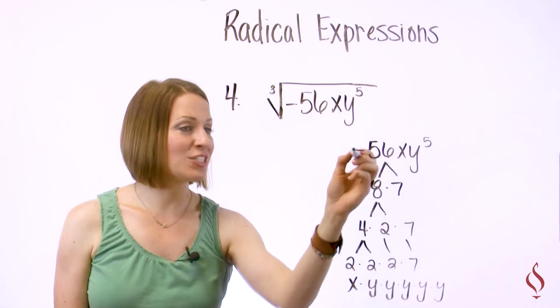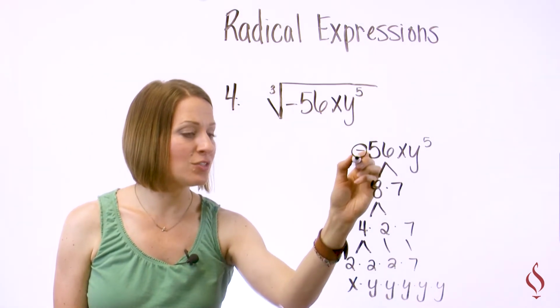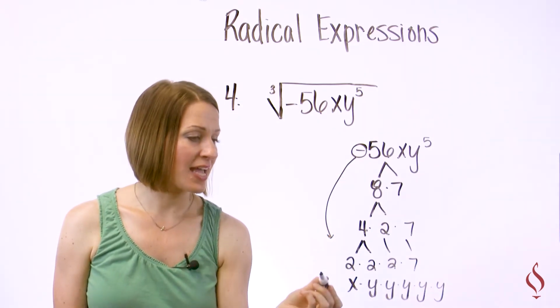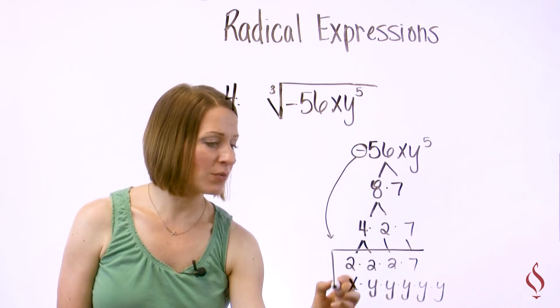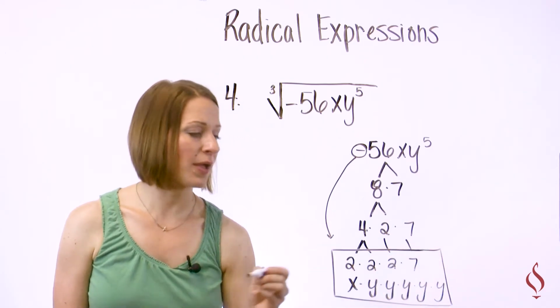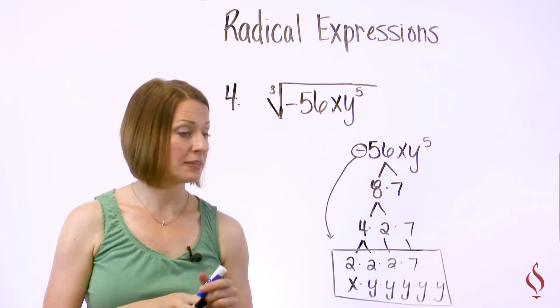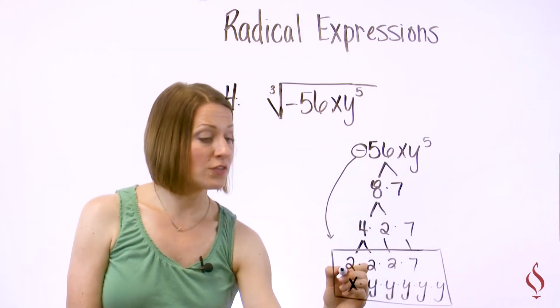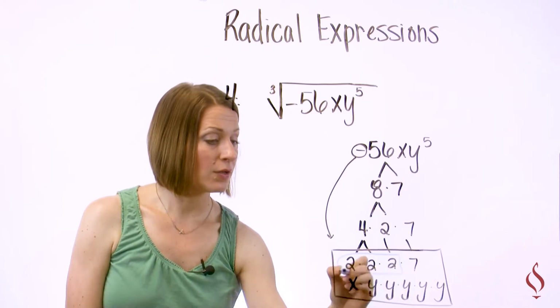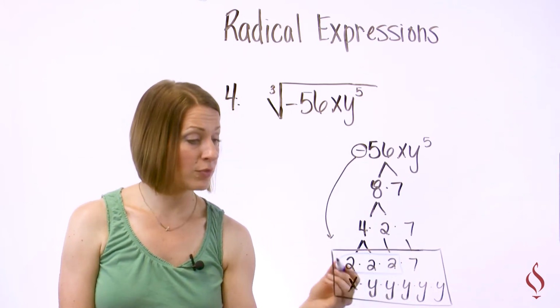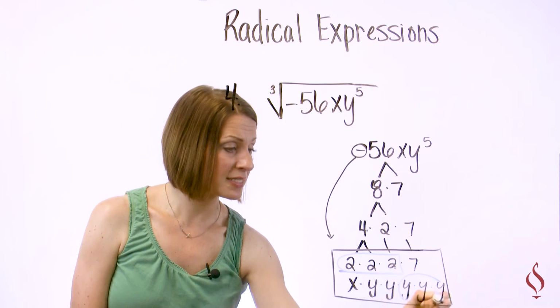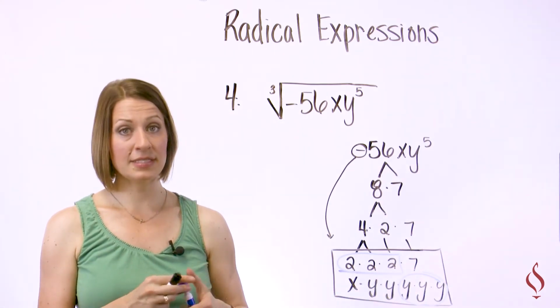Okay, and then don't forget that we do have a negative. So when we're working right here, we're going to pull out that negative. We are looking for sets of 3. We have a set of 3 2s and then a set of 3 y's.